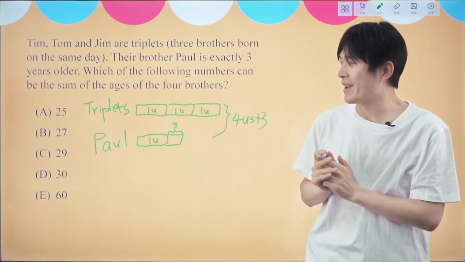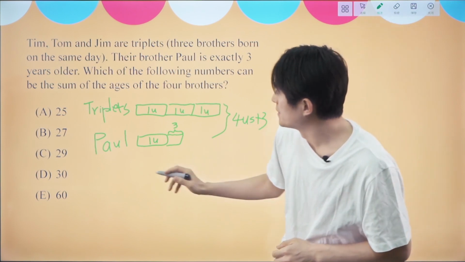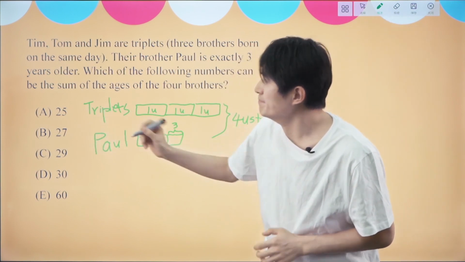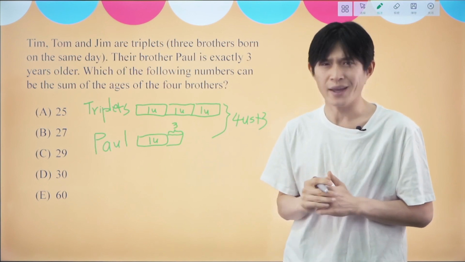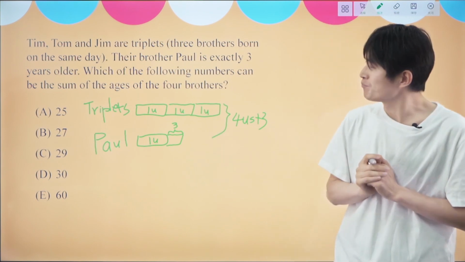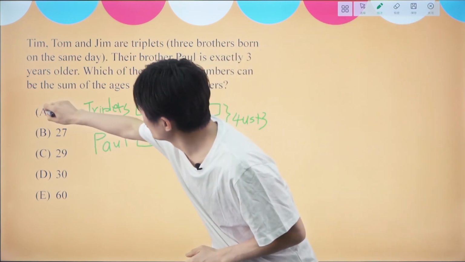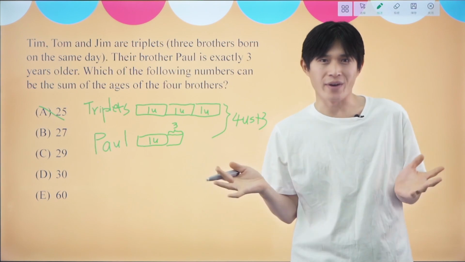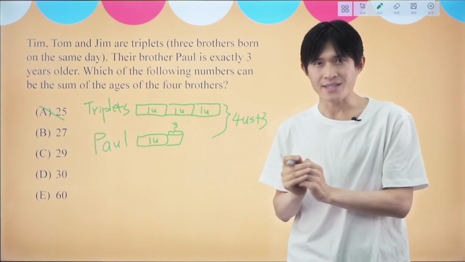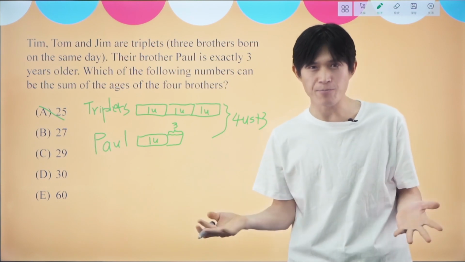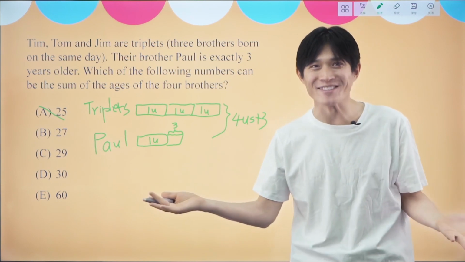So we can just try it out. 25 minus 3 is 22. It's not divisible by 4. So we don't want it. How about 27? 27 minus 3 is 24. Is 24 divisible by 4? Of course!